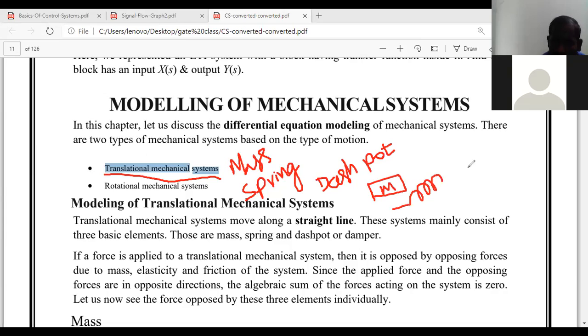And the dashpot is represented by a piston, which is nothing but frictional representation. Is it clear?